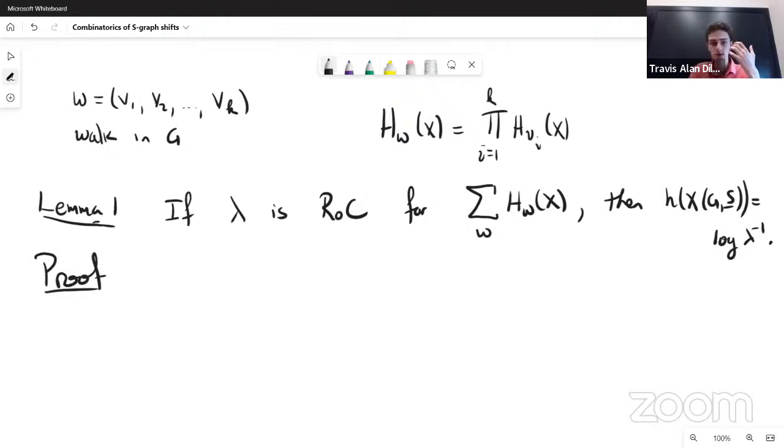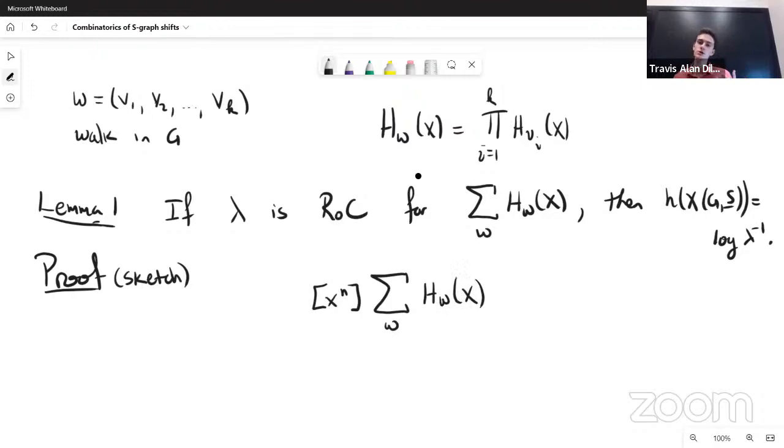And how do you prove this? This will be partly a sketch. The way that you prove it is to see what this power series is actually calculating. When I say what is it calculating, I mean, think of it in terms of a generating function. What is the coefficient of x to the n inside this power series?